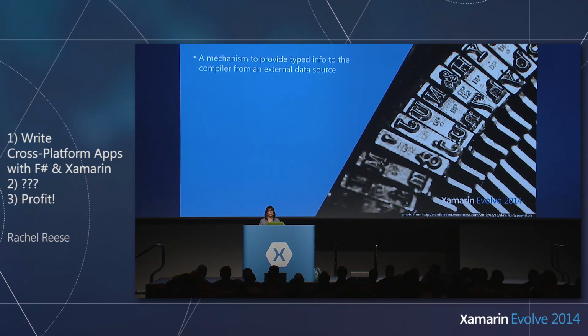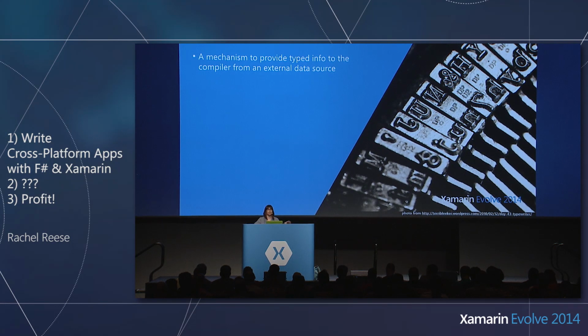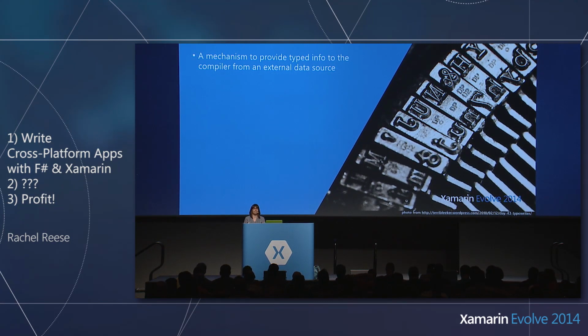There's a website called Freebase, which is a community-curated free database of information. The World Bank has a type provider available to it. And all of these, basically, you can hook them into your F# code in just a line or two of code, and then you get full typed information on that entire data source. It's pretty incredible.